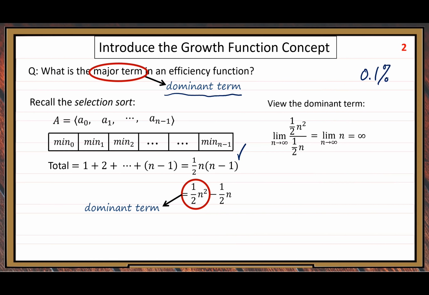I said if the minor term only accounts for about 0.1%, do you feel comfortable ignoring that minor term based on our everyday life experience? Most of the time we feel okay, right? Because here we are not doing something that requires really high precision.